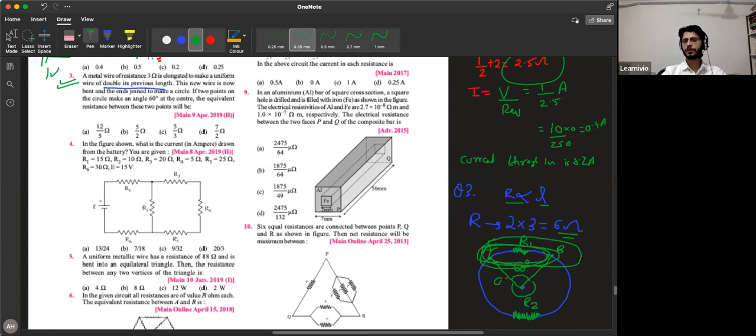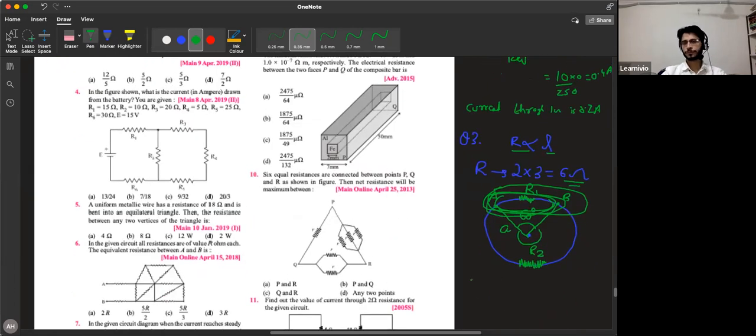Let's consider the radius of the wire as some A. I need resistance per unit length of the wire. Resistance per unit length is resistance R divided by 2 pi A. How much is R? R is 6 divided by 2 pi A. This is the resistance per unit length of the wire, 6 by 2 pi A.